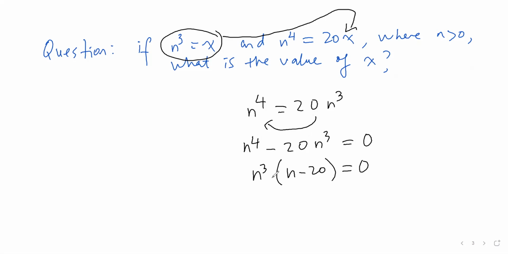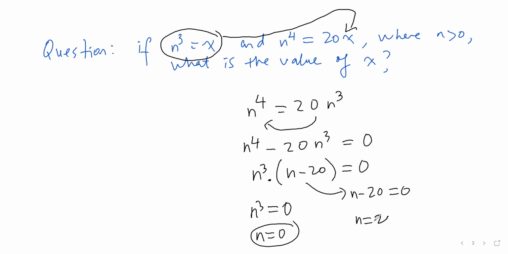And I can just set each factor to 0. Now I'm really just solving the equation. When n cubed equals 0, then n is 0. And over here, when n minus 20 is 0, then n is 20. But if you go back and read the question, it says when n is positive. So I'm only interested in n bigger than 0. So this will not count. n is equal to 20 then. Now I'm asking for the value of x.